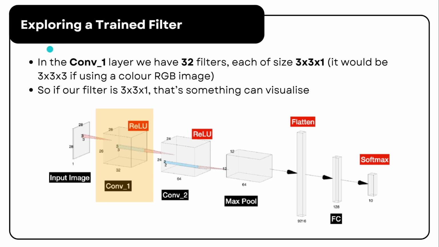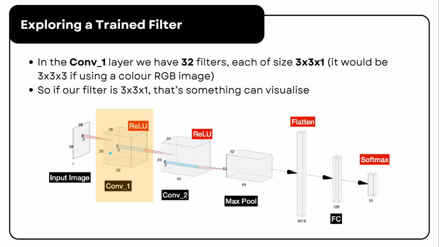Okay, so now let's take a look at what a trained filter looks like. We will focus on the first convolutional layer, conv1, in a model like this one. Here we have 32 filters, each 3 by 3 by 1.